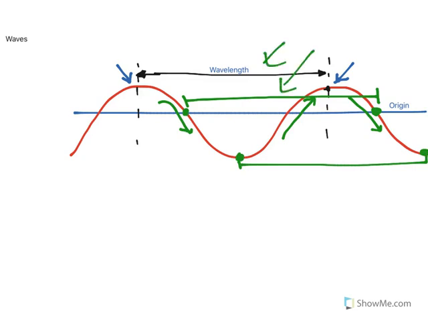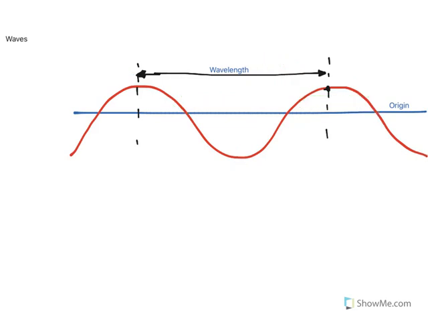Notice that in all of these cases the wavelength is exactly the same. It doesn't matter what point you pick, as long as you pick two consecutive identical points on a wave. Wavelength is represented by the Greek letter lambda.